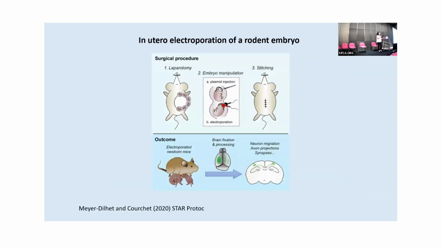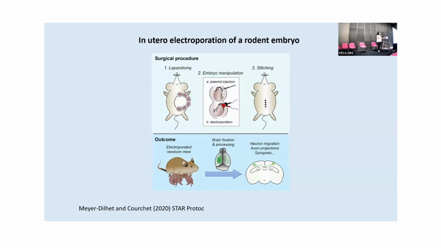To study the role of motor proteins in brain development, we use this technique, in utero electroporation of rodent embryos, where you perform a C-section on a pregnant female rat or mouse, expose the uterus, which contains developing embryos, inject your DNA of interest. So the DNA is encoding fluorescently tagged motor proteins, and then deliver a tiny electric pulse to drive that DNA inside the cells.